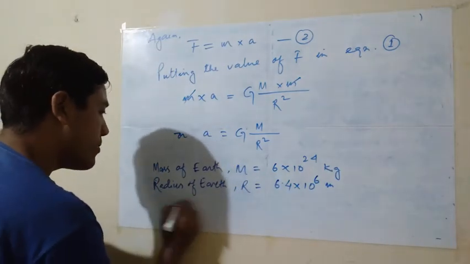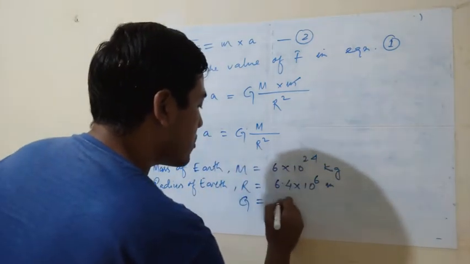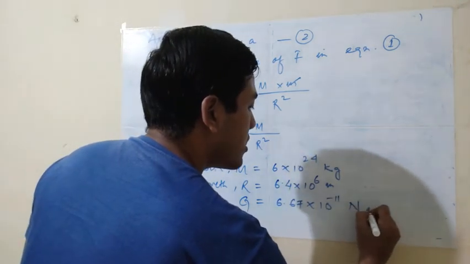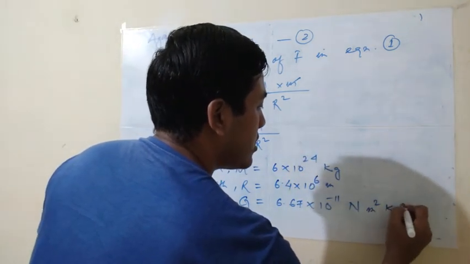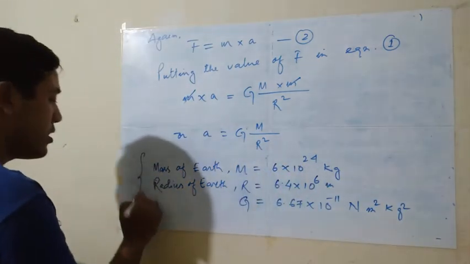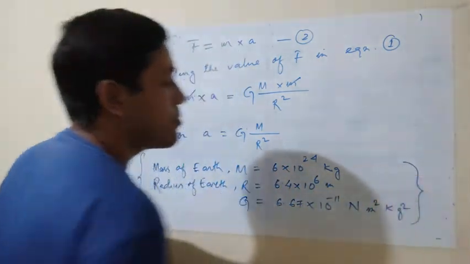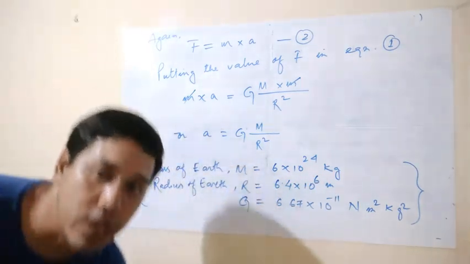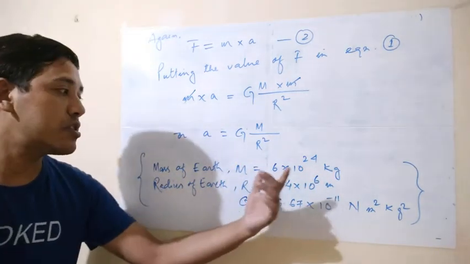Next, this G is equal to 6.67 into 10 to the power minus 11 Newton meter square kg inverse 2. These values you need to learn by heart.